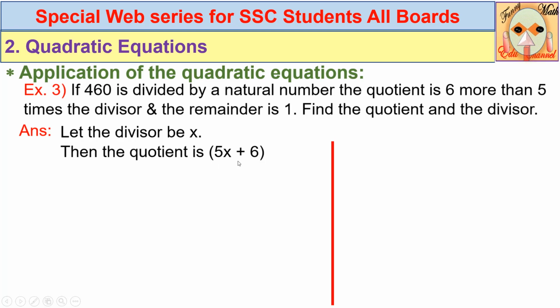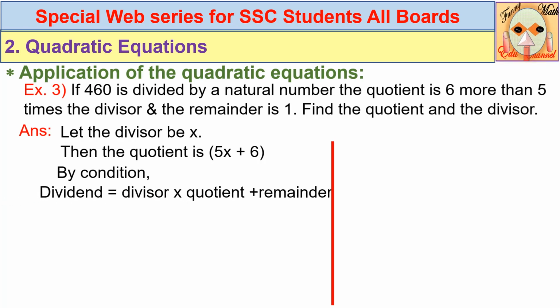And then you know the formula: dividend is equal to divisor into quotient plus remainder. In this formula we have dividend equal to 460, divisor is x, quotient is 5x plus 6 and remainder is 1, that we have substituted here.